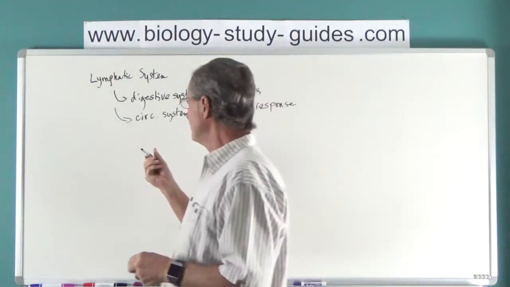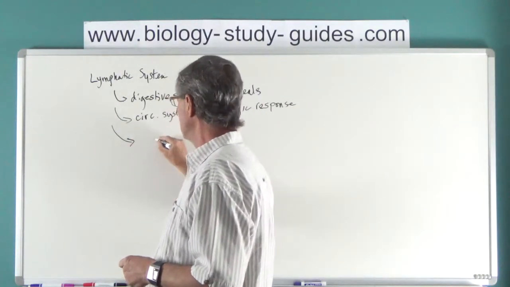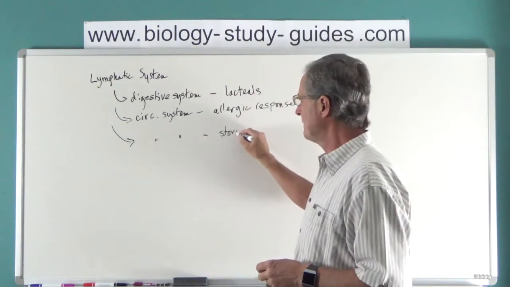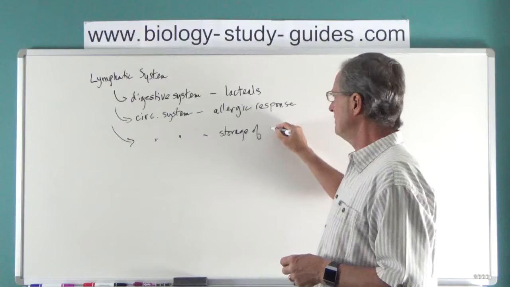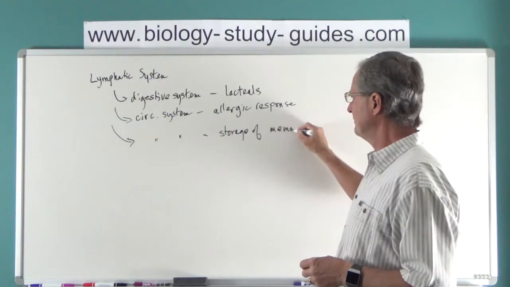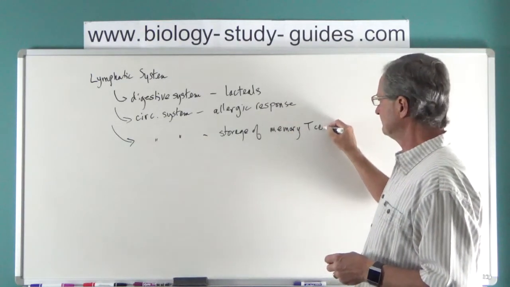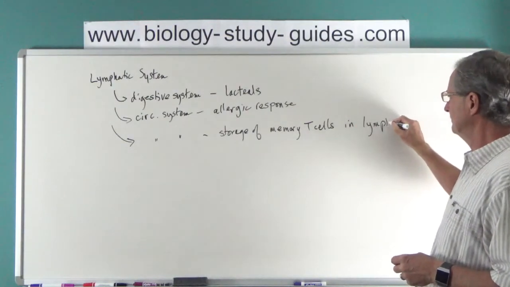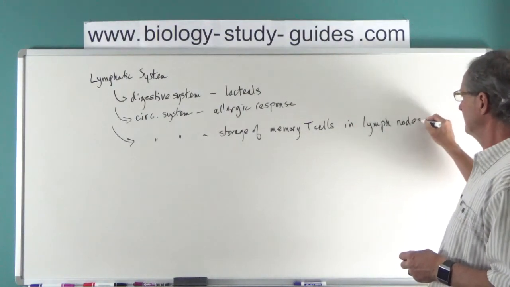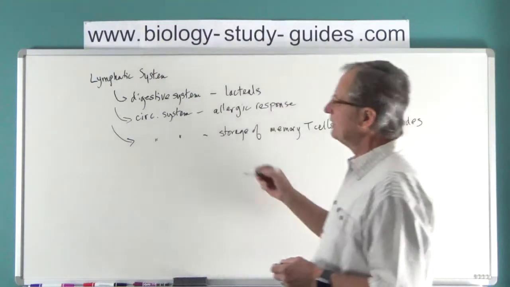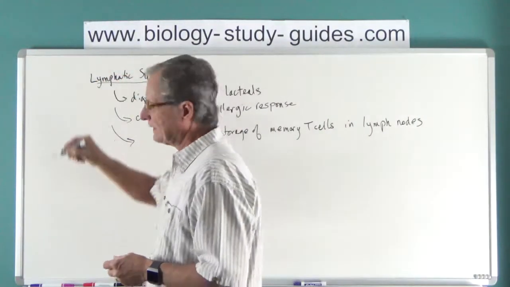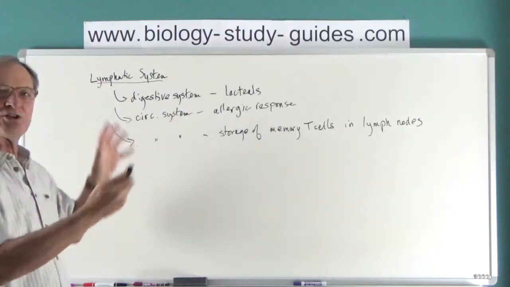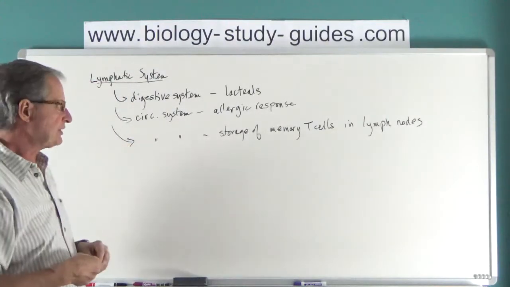We also encountered it in the circulatory system as well, but in the topic of storage of memory T cells. So what I'd like to do then is pick this whole topic up again and tie these things together so that it all makes some sense.